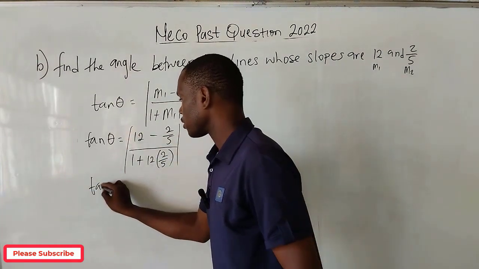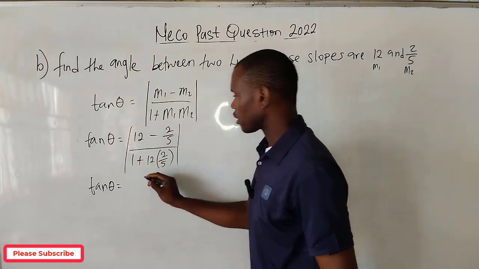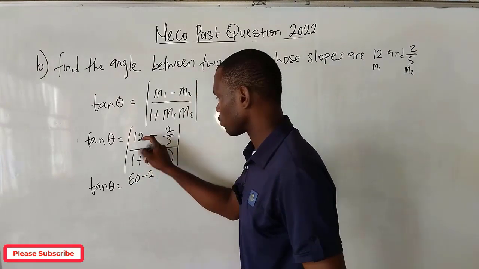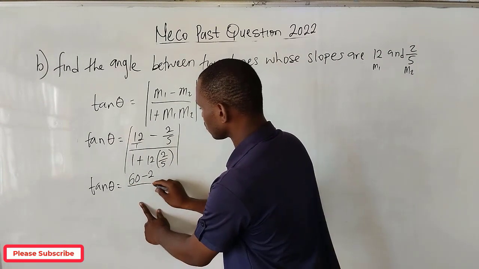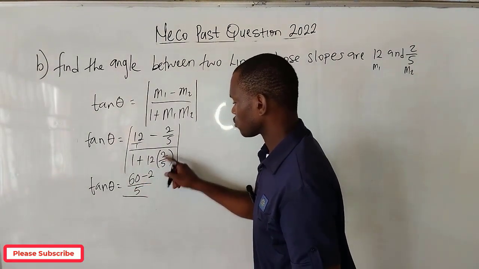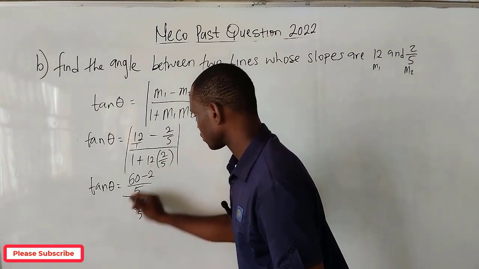Then I'll have tan theta is equal to, let's solve the LCM of this. I'll have 60 minus 2, that is 5 times 12. You know how to solve your own fraction. So 5 times 12 will give me 60/5. Then here, 12 times 2 is 24/5.